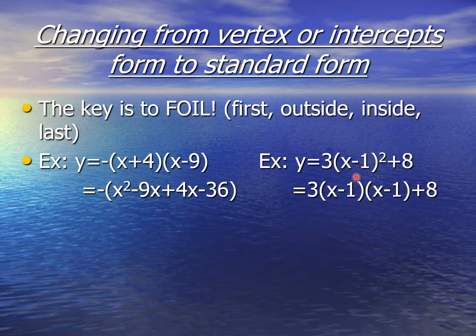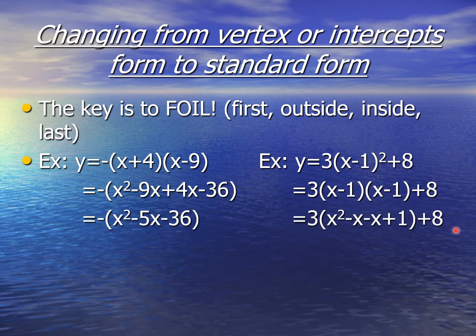And this one, we are going to write it as x minus 1 times x minus 1. Continuing, simplifying further, negative 9x plus 4x is equal to minus 5x. And multiplying this one, it is equal to x squared minus x plus 1.